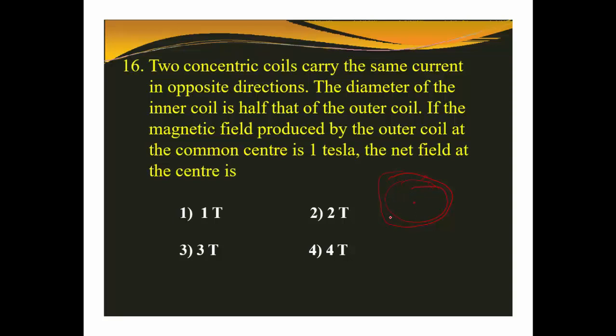Here, we know that magnetic field is inversely proportional to radius. For the inner coil, the magnetic field produced by the inner coil B1 is proportional to 1 by R1. Proportional, not equal. The magnetic field for the second coil, the outer coil, is proportional to 1 by R2. B1 is the magnetic field for the inner coil, B2 is the magnetic field produced by the outer coil.